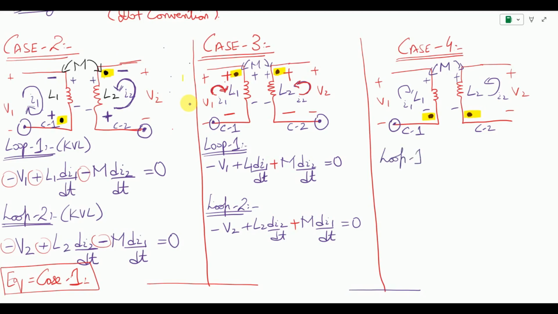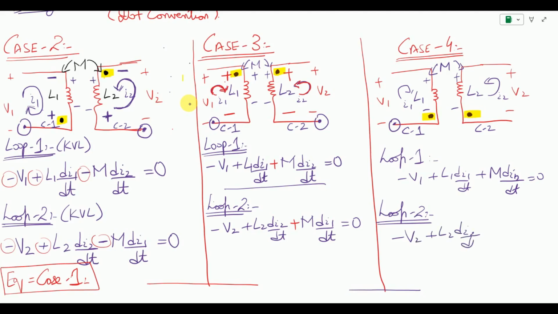So for loop 1, our equation will be the same as that of case number 3. It should be minus V1 plus L1 di1 by dt plus M di2 by dt equals to 0. Similarly, for loop number 2, you should get the same equation: minus V2 plus L2 di2 by dt plus M di1 by dt equals to 0.